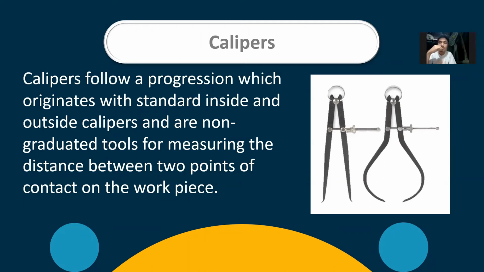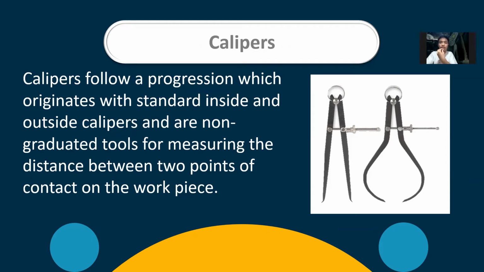So, pwede siyang pang-measure ng object length or width, for example. Dun sa right, parang outside width or anything that can be measured by length. Pwede mo siyang i-move, pwede mo siyang gamitin, mag-move ng dimensions kung saan mo paggagamitan yung measurement.